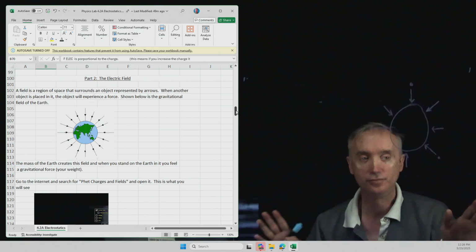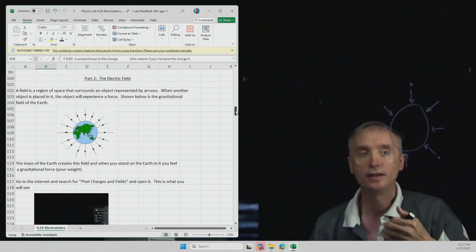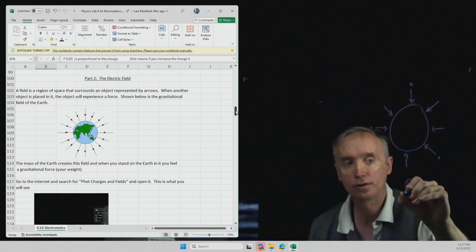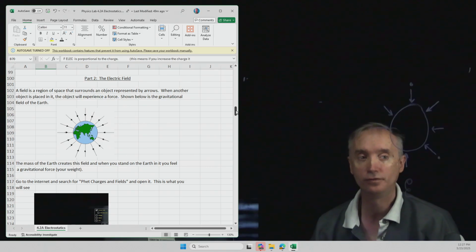Now, you can forget about it, because we're going to be talking about the electrical force and the electrical field of something. So the electrical field is going to be given by the letter E. So capital cursive E is going to stand for electric field.